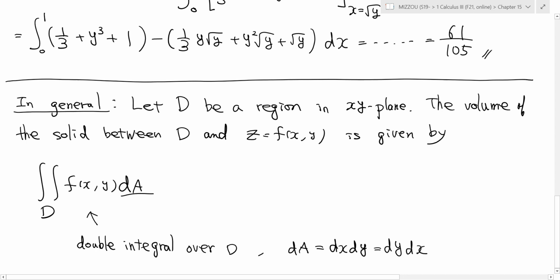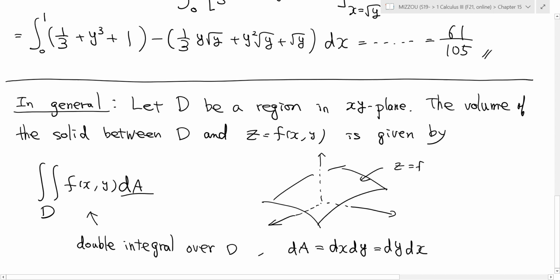And then pictorially, like this. Suppose you have some surface given by z equals f of xy, and then you have some region on the xy plane. If you look at the region above like this, the volume of this solid here is given by this double integral.